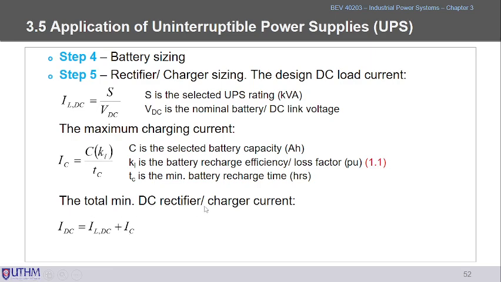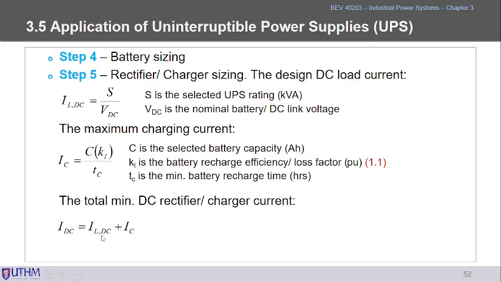And the total minimum DC rectifier or charger current is IDC, because our IDC is divided into 2. One will drain to the battery, which is IC, the charging current. The other one is ILDC, which drains to the loads. So it is from the rectifier, and it's divided into 2.